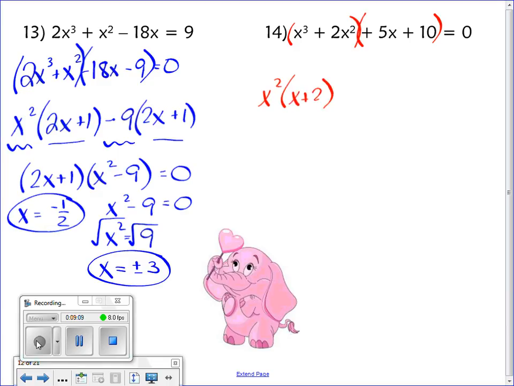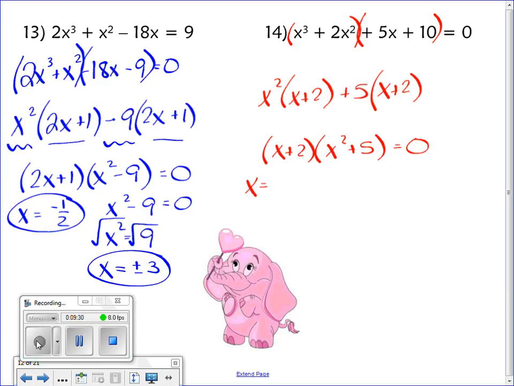GCF in the second set? Notice I'm going to write plus 5 just so I remember that that is a positive 5. And then what's left? Common parenthesis? What's left over? And it's factored.